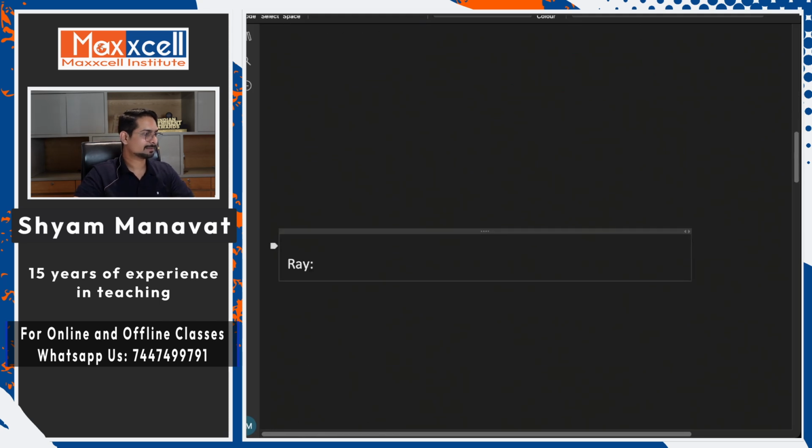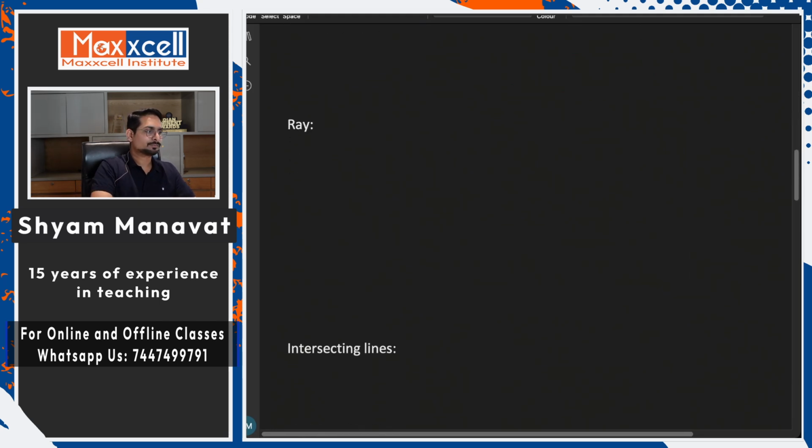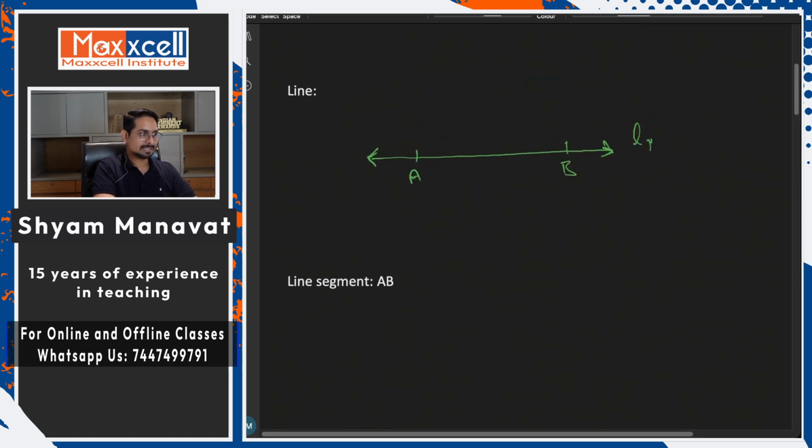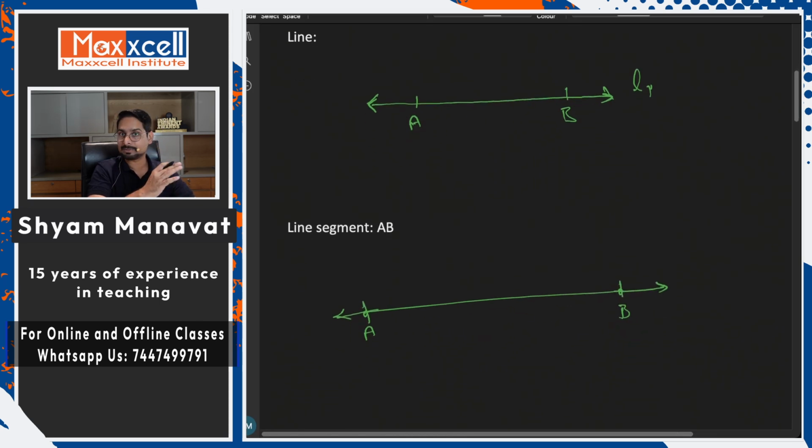Then what is the next term? Ray. Ray means, here you can see in a line you can extend the line from both sides. A line segment, which is defined with 2 points, you need to have 2 points for that, which can be extended at both sides. But here the line segment A and B stops here. A line can be extended at both sides.